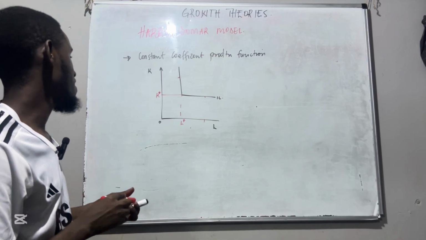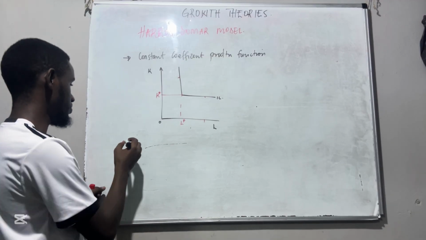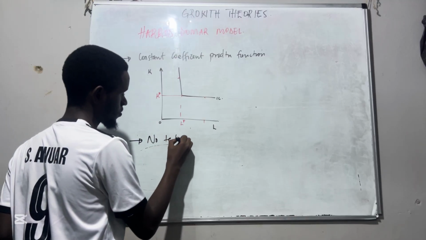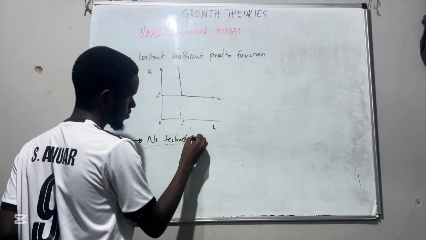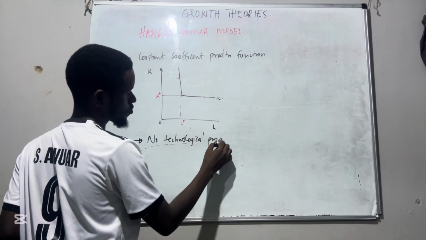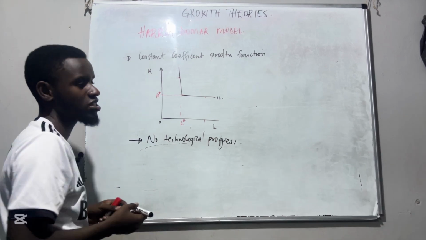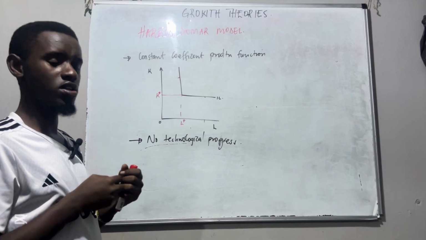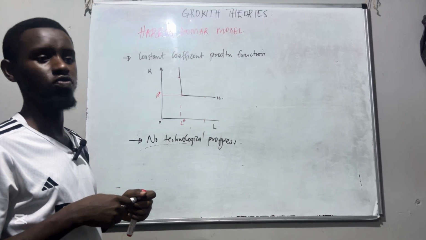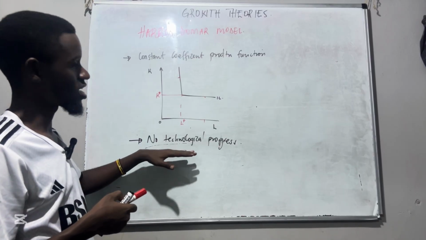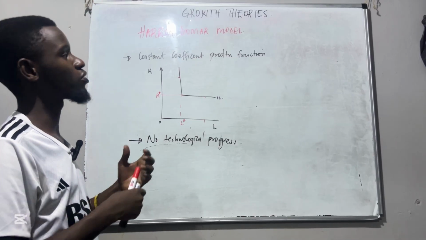Another assumption is that there is no technological progress. Remember, the Harrod-Domar model is a static growth model.